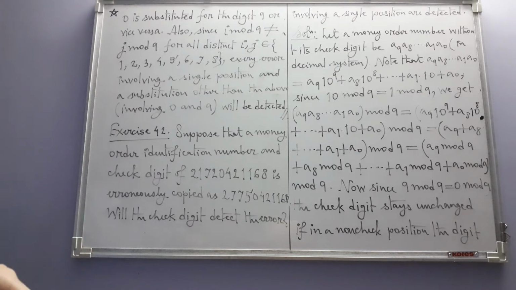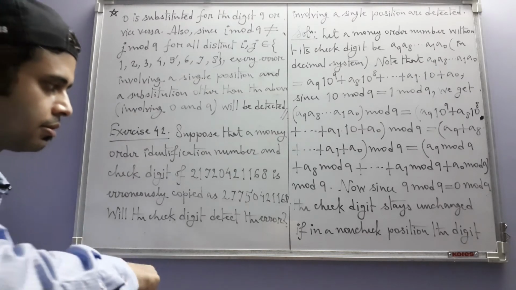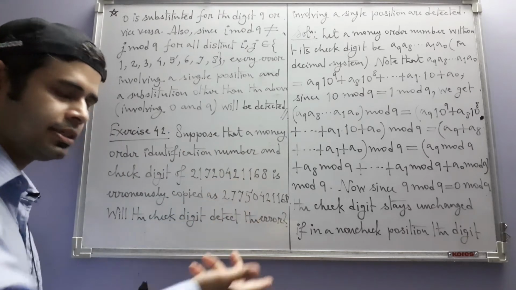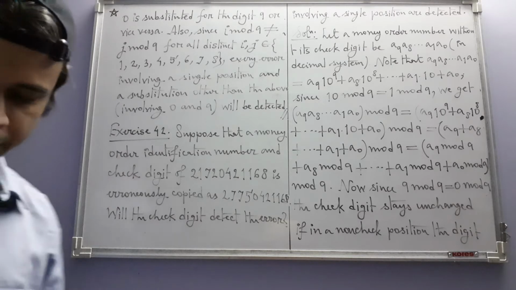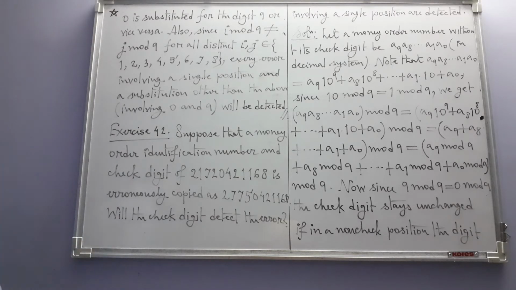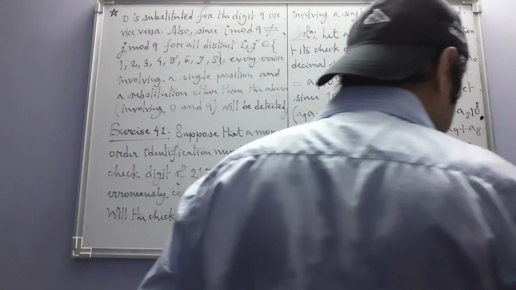If it leaves the same remainder, then despite having an error, the check digit will fail to detect the error. And in fact, that's what happens. In this case, the check digit is unable to detect an error.